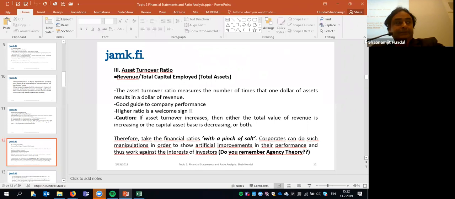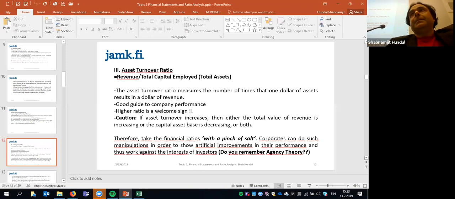Yes, they can. If you look at this ratio, revenue divided by total capital employed, in how many ways can I increase it? Well, the honest, positive, good way is that the numerator goes up and the denominator remains the same.